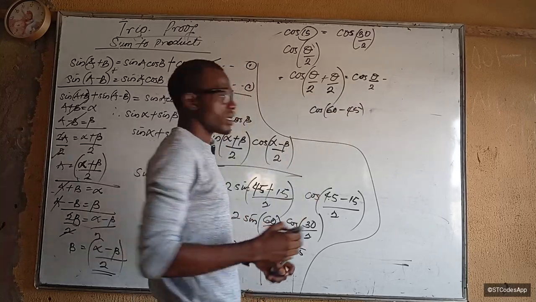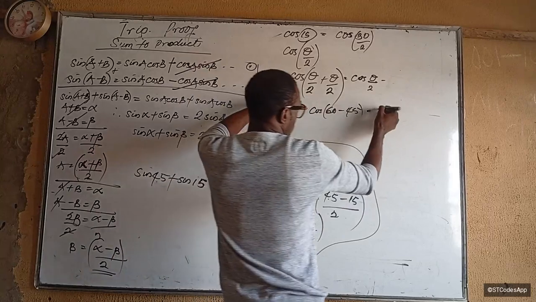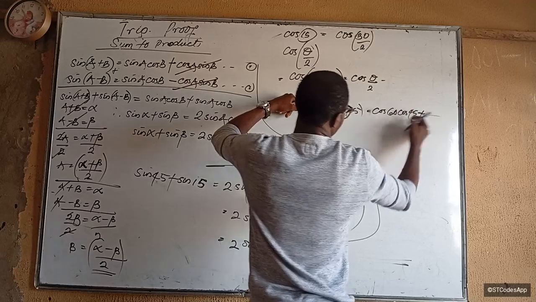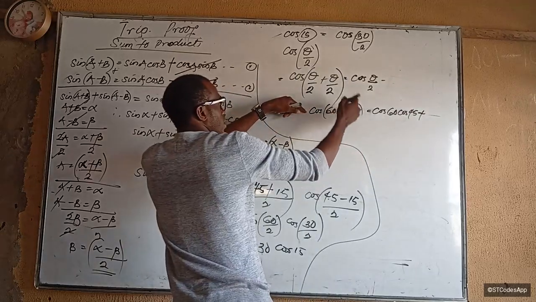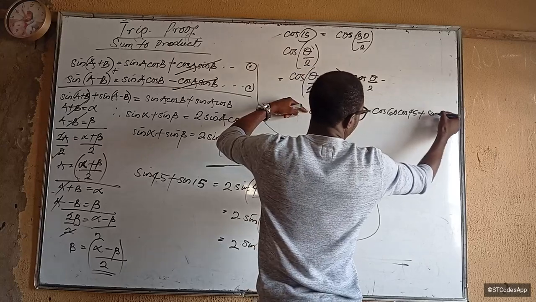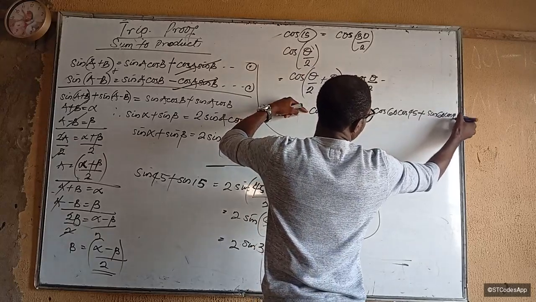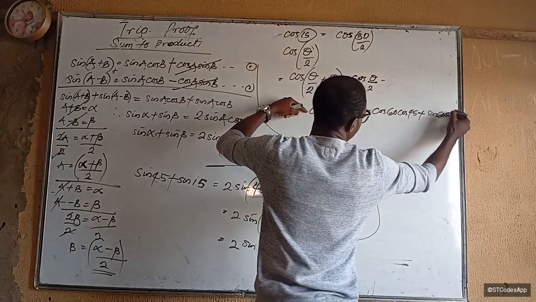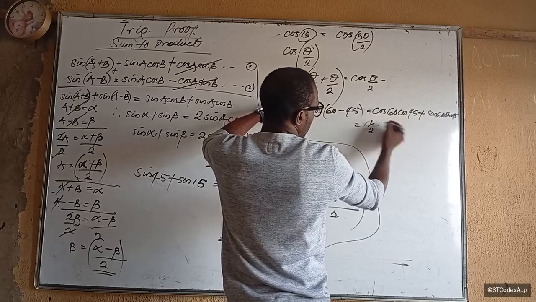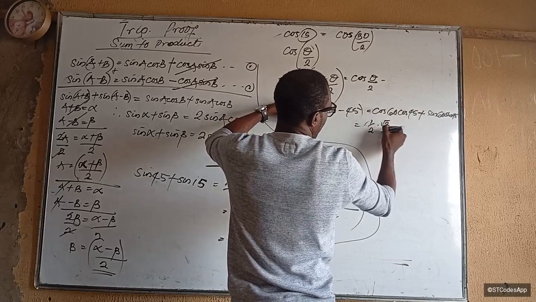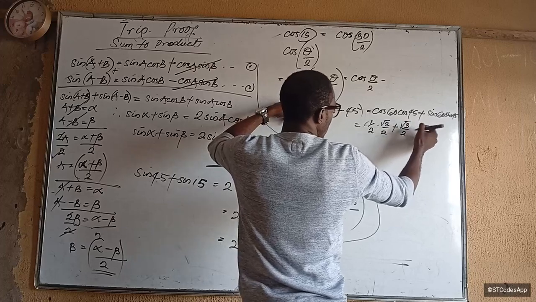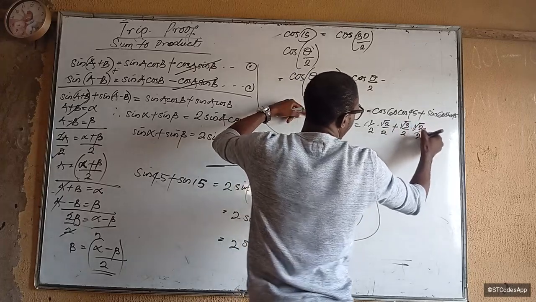So this will work. Cos of 60 minus 45 will give us cos 60 cos 45 plus, for cosine, plus will be minus, minus will be plus. So plus sine 60 sine 45, I'm sorry. So this becomes cos 60 is 1 over 2 multiplied by cos 45 is root 2 over 2, plus sine 60 is root 3 over 2, sine 45 is still root 2 over 2.